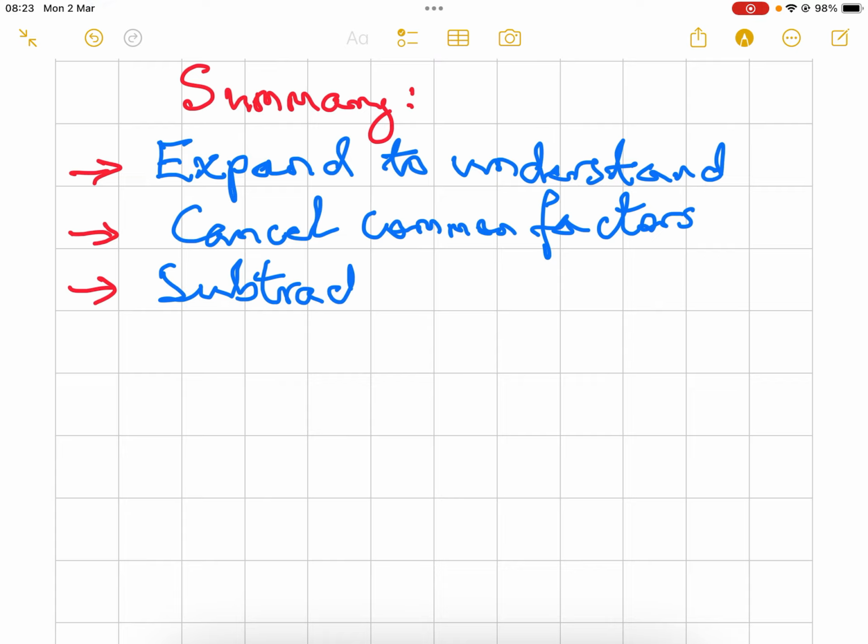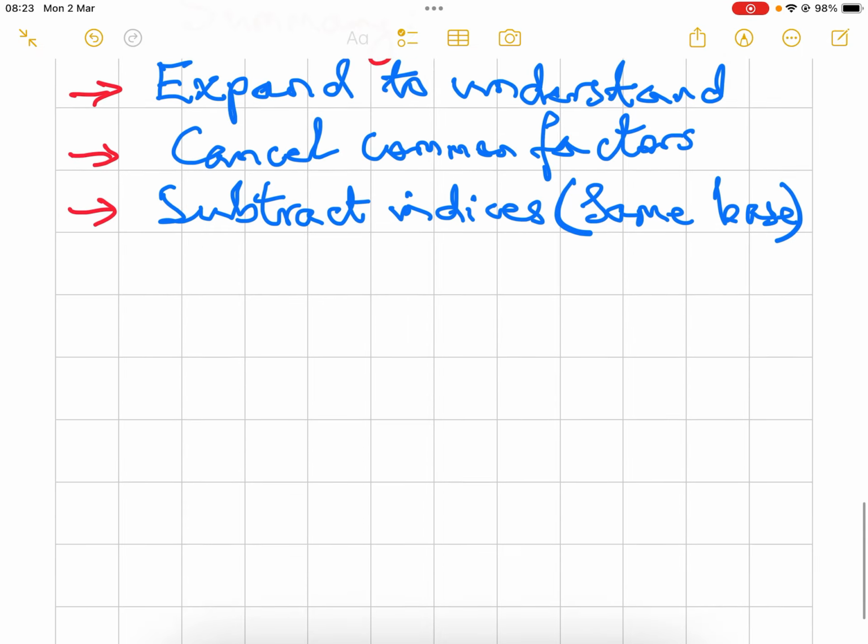And the third thing we considered, we subtract indices when only same base applies.